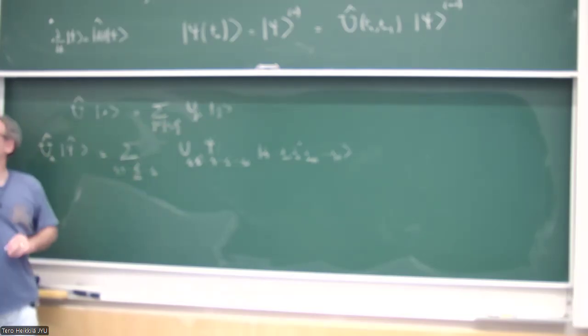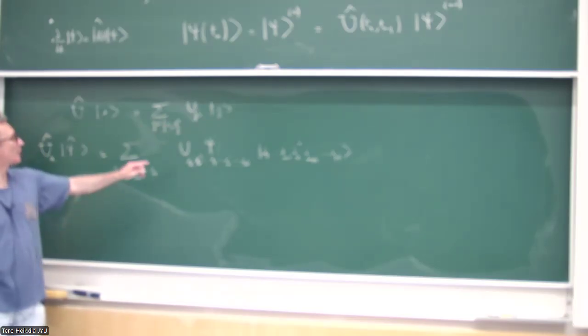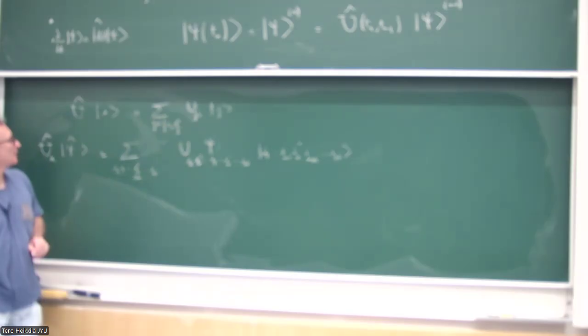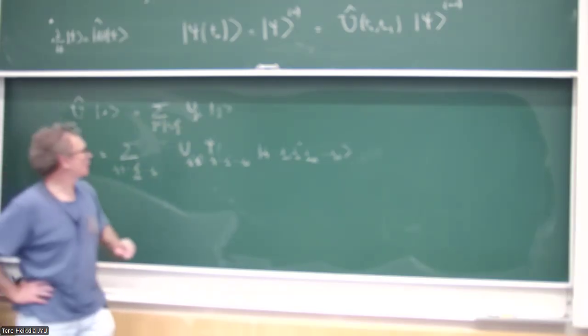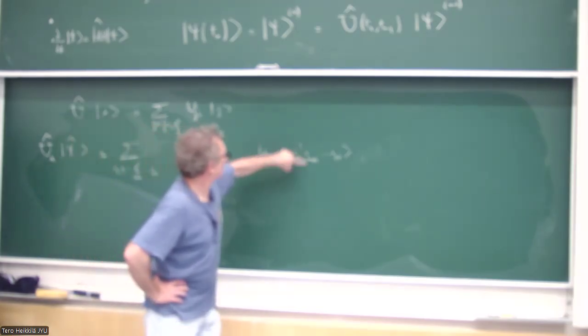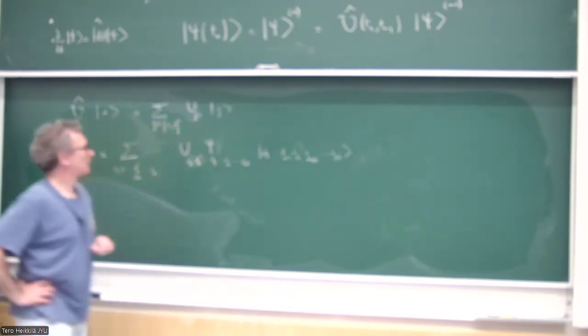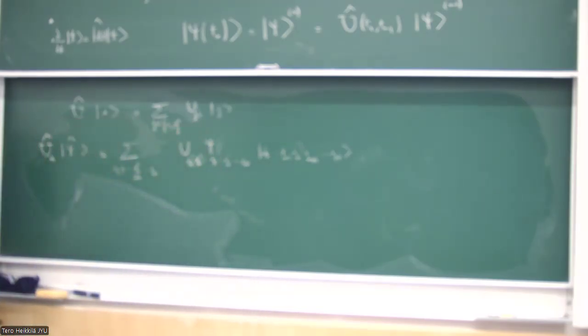And now I actually apply this. So I sum over J. And actually I can remove the prime. Here, I applied this U only on the one in the middle.